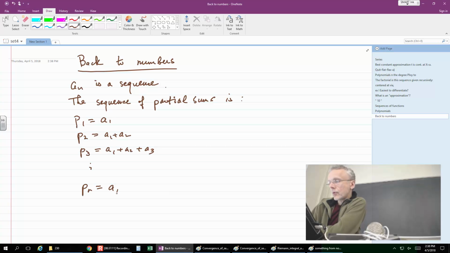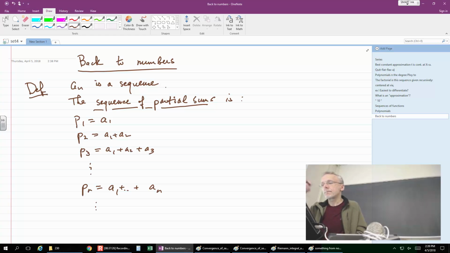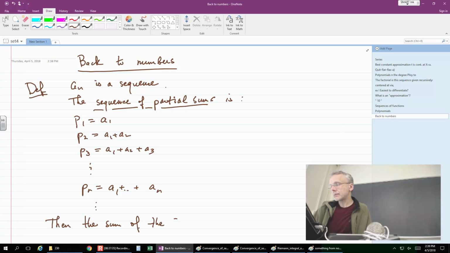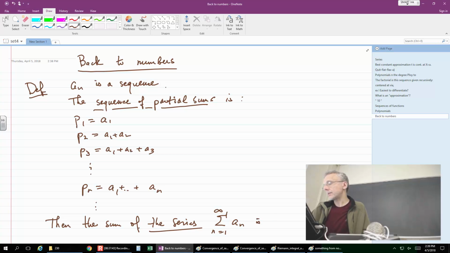Pn is equal to the sum of the first n elements of my sequence. A sequence of partial sums. And then the sum of the series a_n is the limit of the sequence of partial sums.